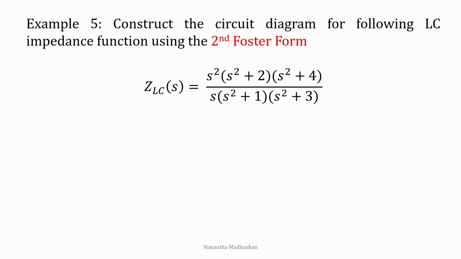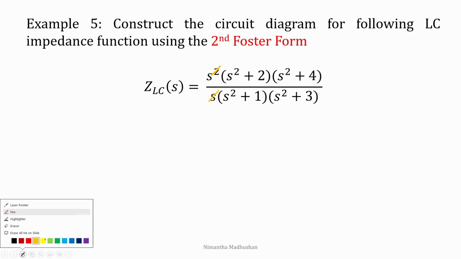In this example, the impedance function is given: Z_LC(s) is equal to, in the numerator, s times (s squared plus 2) times (s squared plus 4), and the denominator is s squared plus 1 times s squared plus 3. Now we have to simplify the equation, and we can cancel one s here.